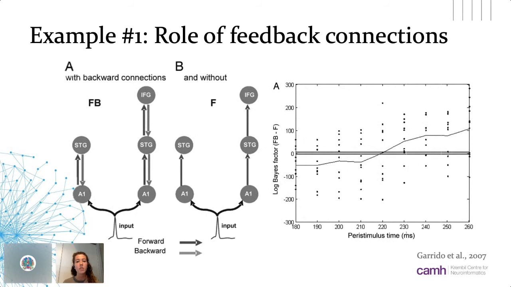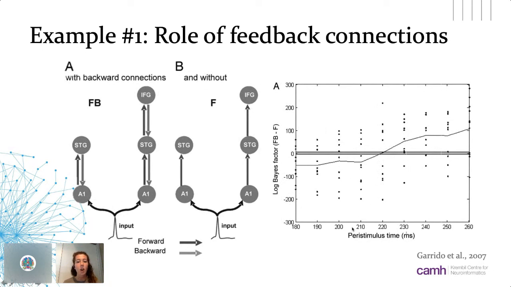What the authors found, fitting DCM to the EEG data from 11 healthy participants and zooming in at 180 to 260 milliseconds post-stimulus, around the time of the MMN: the best model is the one with the highest log evidence. The graph on the right shows the difference in log evidence between the forward-backward model and the forward model. Points outside the gray zone imply very strong confidence that one model is more likely.